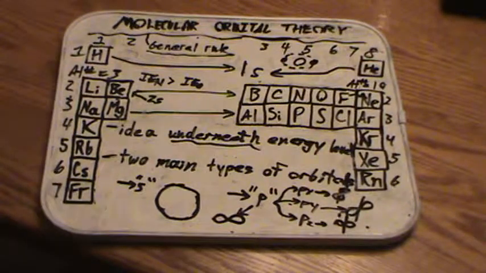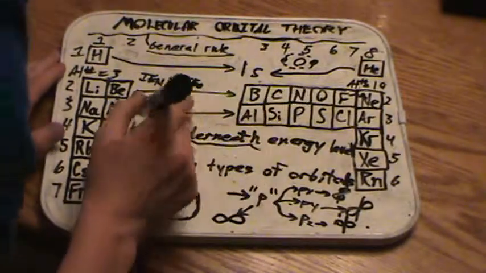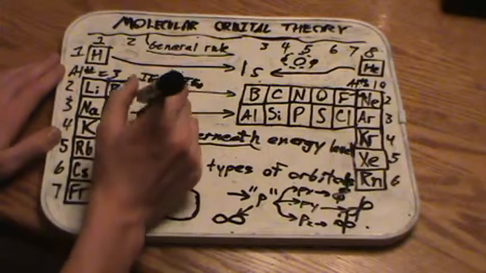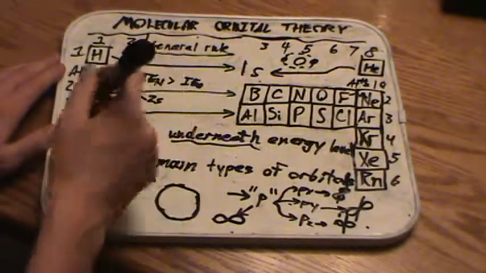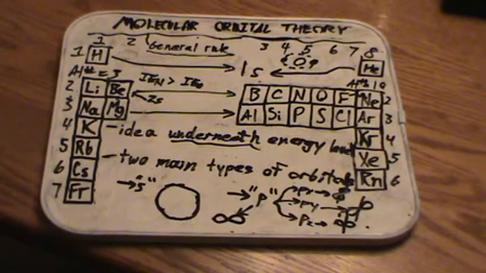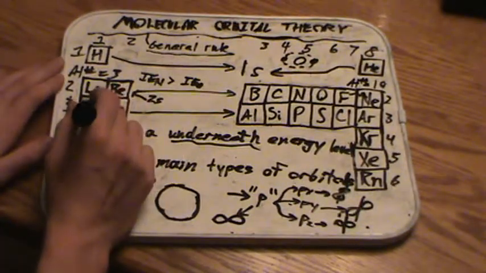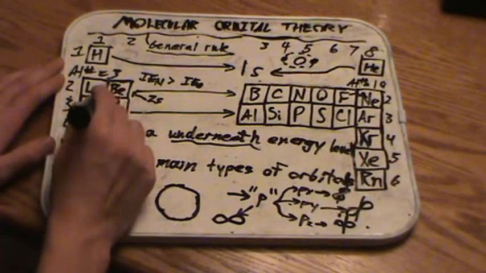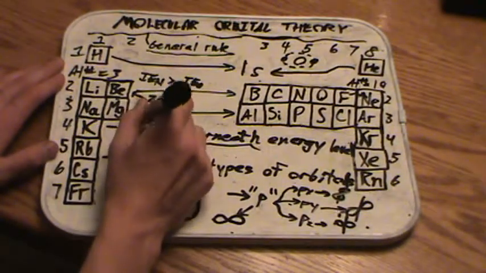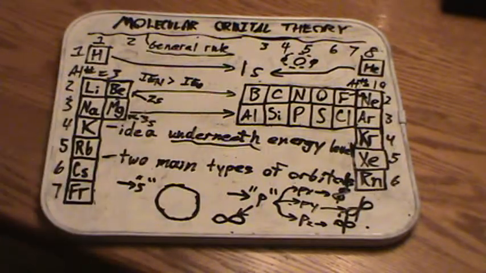Let's pick out one more example. If we go to the third energy level, sodium and magnesium, they're added electrons. As we progress through the periodic table, we are talking about these elements in terms of adding one more electron. So the two electrons that are added when you move to sodium and then progress to magnesium are part of the 3s orbital, the s orbital in the third energy level.